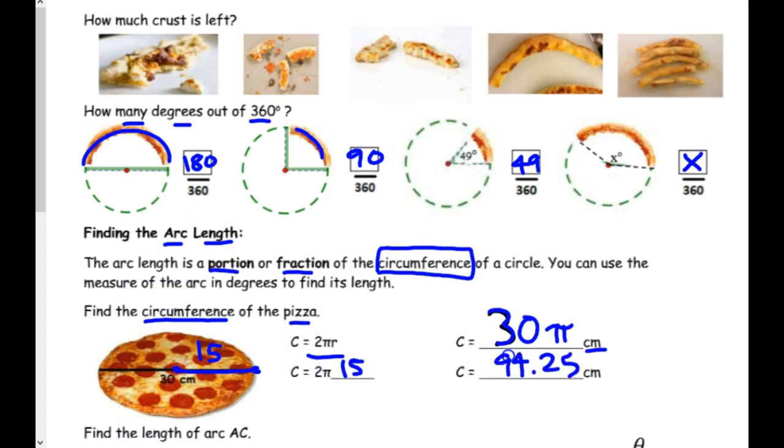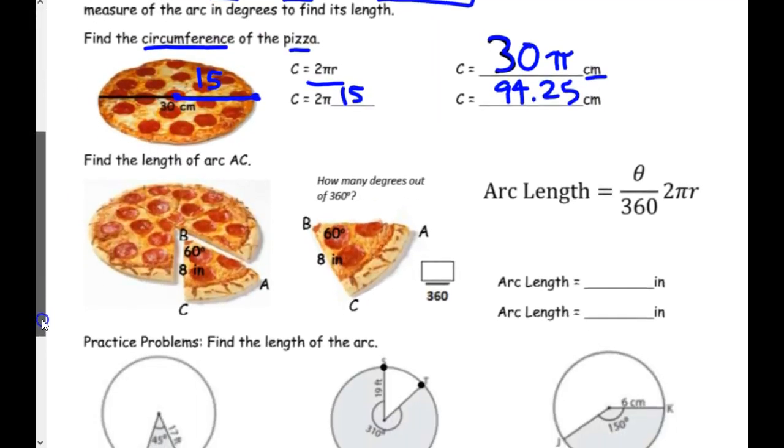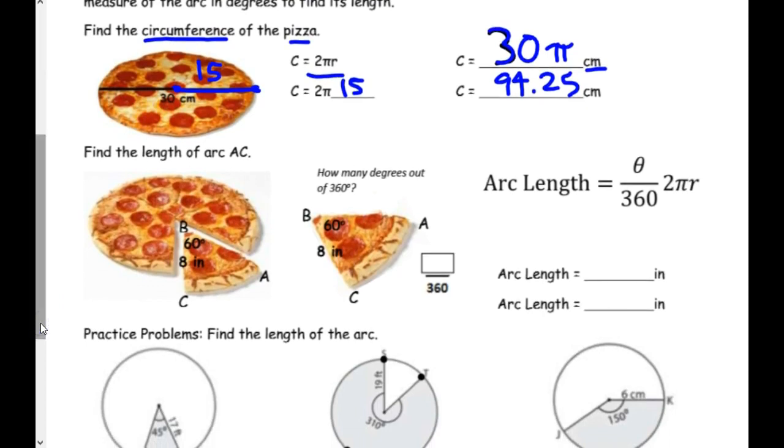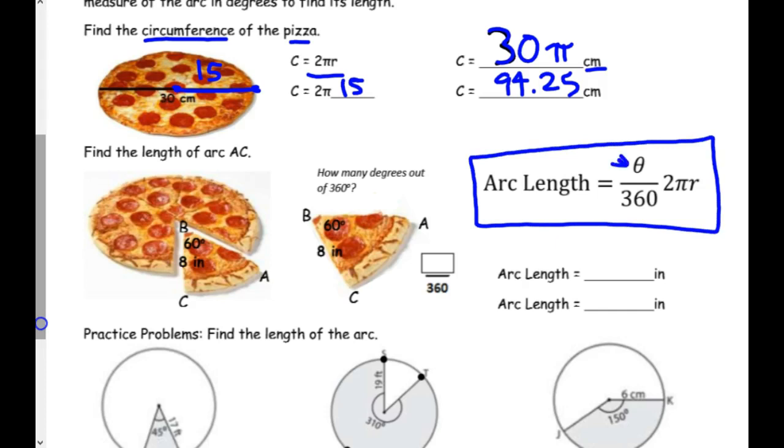So that's a whole entire circle, pizza, whatever. And we're going to take that, and we're going to apply this new formula. So look over here. Arc length. Again, this is angle theta, whatever theta is, right? Theta over 360 times 2 pi r.